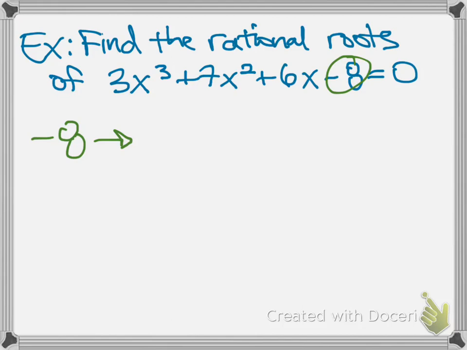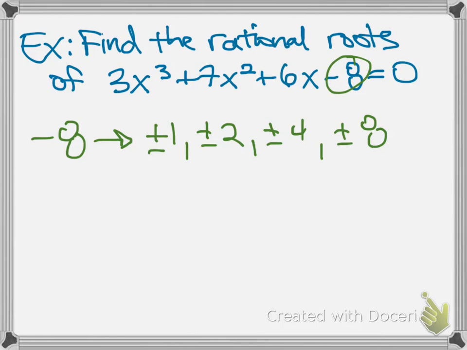Well, the factors of negative 8 are positive and negative 1, positive and negative 2, positive and negative 4, and positive and negative 8. So those 8 possibilities are the only integers that could have any way of being an integer root for our given polynomial.